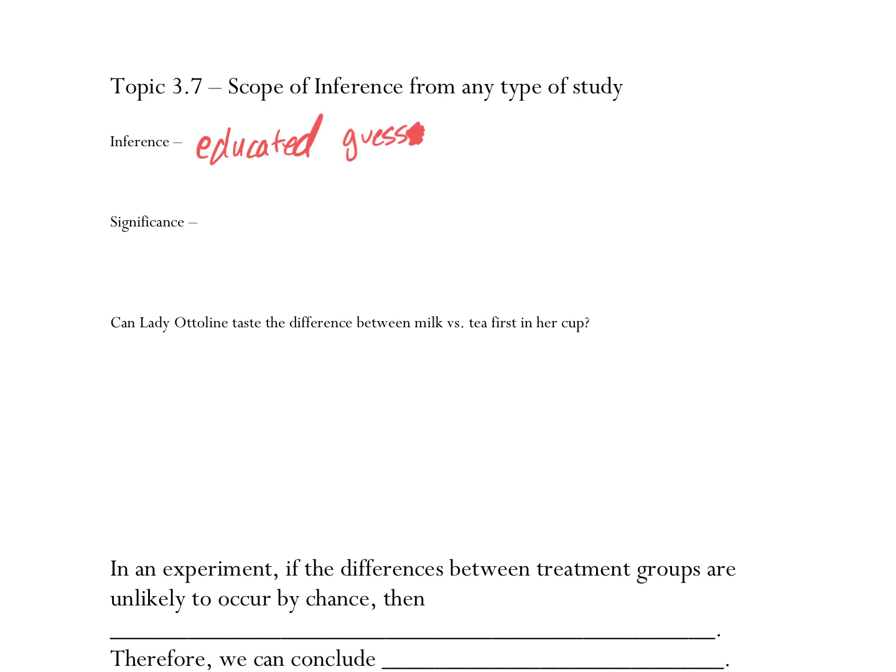And in the statistics world, it's a data-driven guess. Cool? All right. Now, something is significant if it is unlikely to happen by chance alone. Okay?